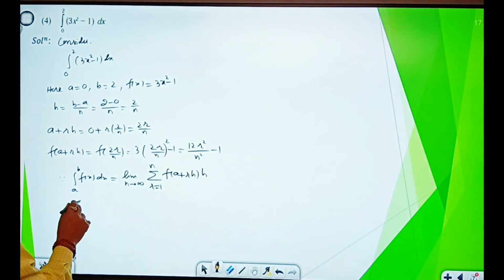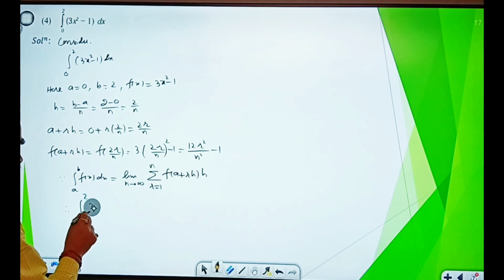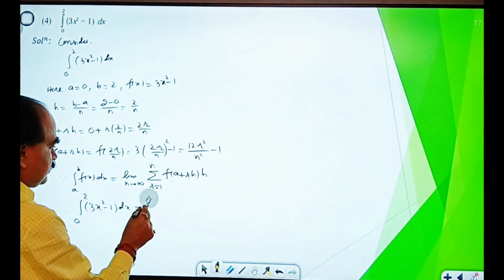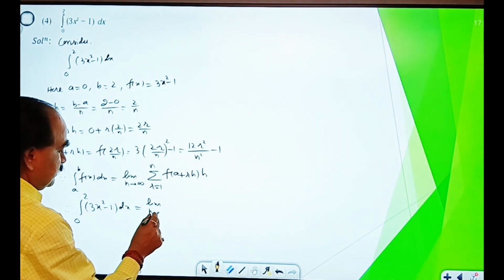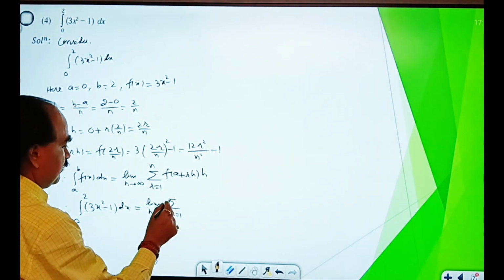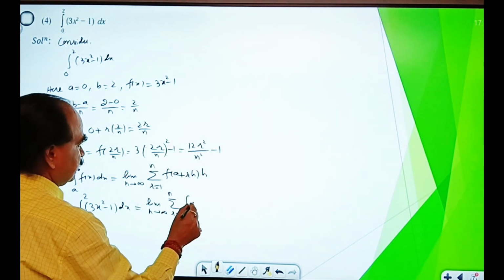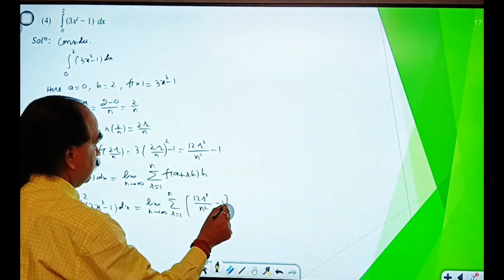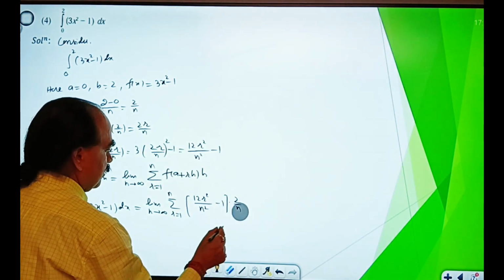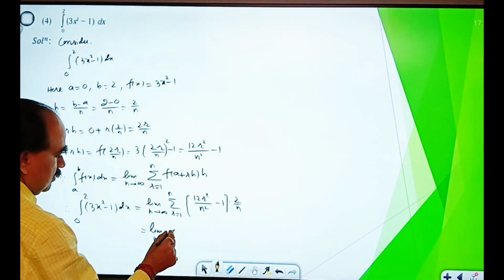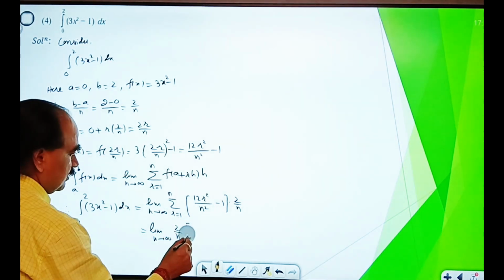Now substitute the values. a is 0, b is 2, f(x) is 3x square minus 1. dx is equal to limit n tends to infinity sigma r takes value from 1 to n. f of a plus rh is what? 12 r square by n square minus 1 into 2 by n. 2 by n will come outside, but within limit sign. 2 upon n and separate sigma.